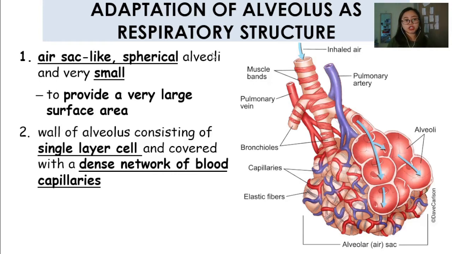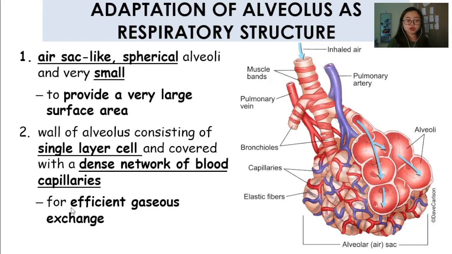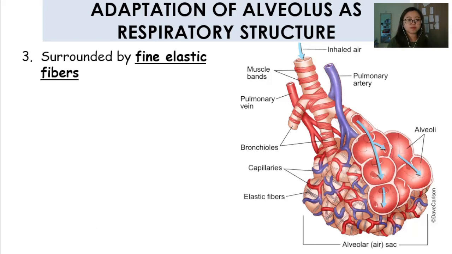Because of the shape, the large surface area, we can do a lot of this gaseous exchange. And number two, because of the thin layer, single layer cell, and because the blood vessels are right here, it's easy for the gases to diffuse in and out of the alveolus. So it is allowing for efficient gaseous exchange.